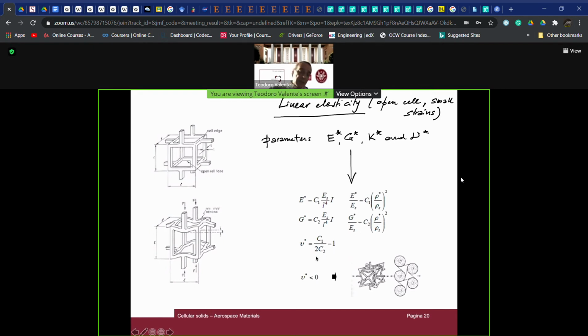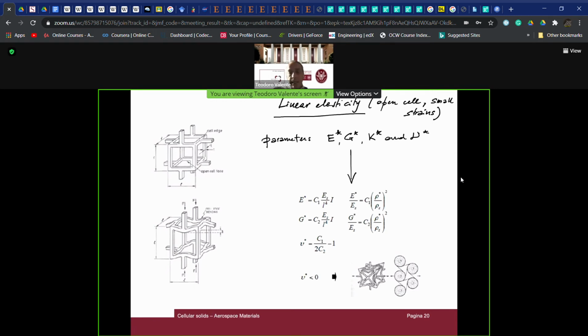Just a curiosity for you, it can happen, and that depends on the geometry of the single cells, that this value of the Poisson coefficient is lower than 0, which is not possible in conventional materials, but it can be possible in the cellular solid area.